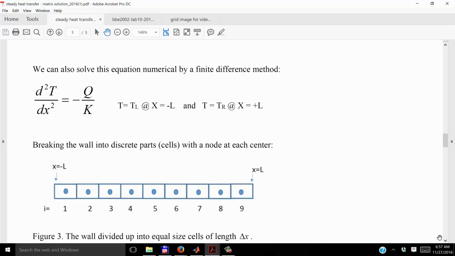And what I want to do is to show you how you can set such a thing up and solve it by writing some script in the script command window, or we could do it also in the main command window of MATLAB.